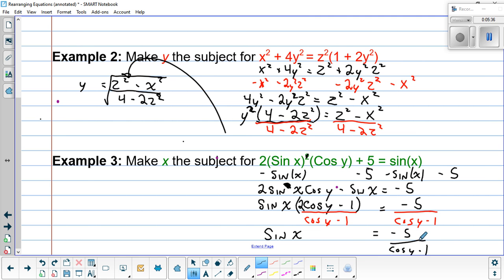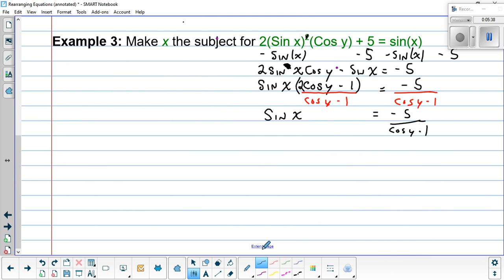And then, if we do the sine of a function, to do the opposite, to get just x back, we have to do inverse sine. So just like I said, inverse to addition is subtraction, multiplication is division, squaring is square rooting, same as sine and sine inverse. Opposites, we'll get the same thing back. So here we're left with just x equals sine inverse of negative 5 divided by 2 cos y minus 1.